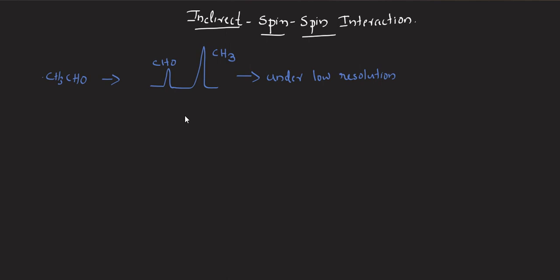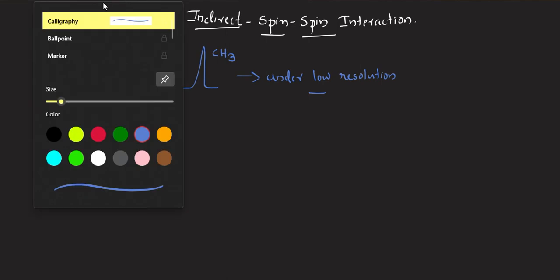The NMR spectrum of acetaldehyde shows two peaks. That means different protons absorb the radio frequency waves in different manner, and under low resolution you will get two peaks in acetaldehyde. Now let us see what happens if the resolution is increased.